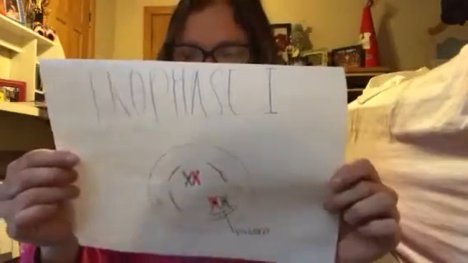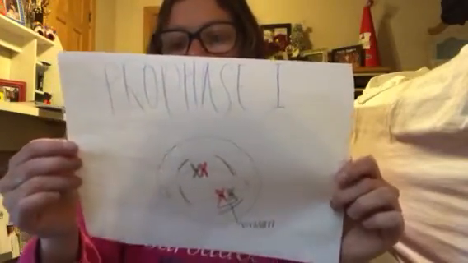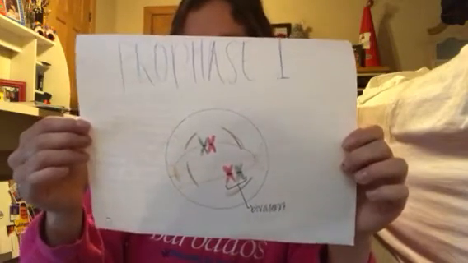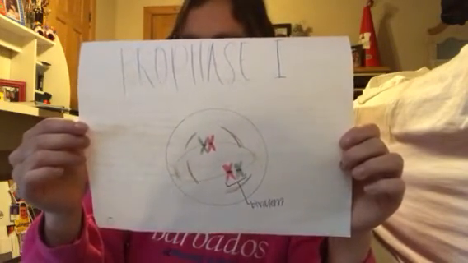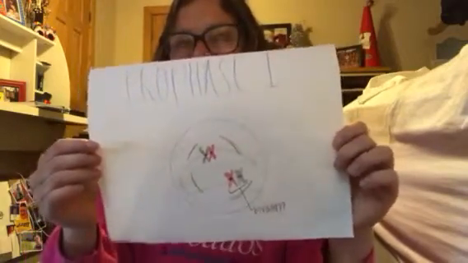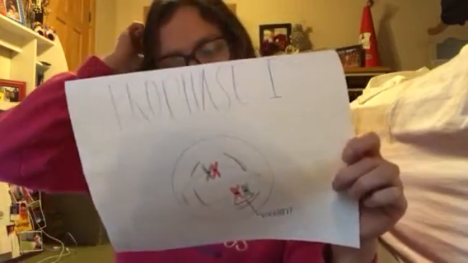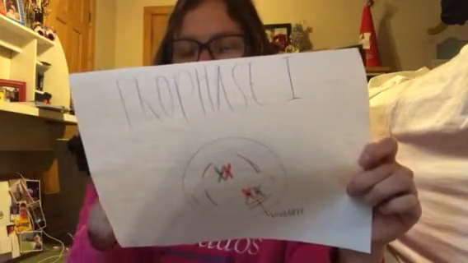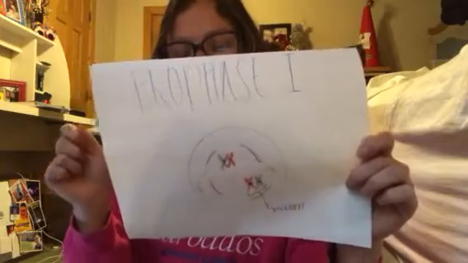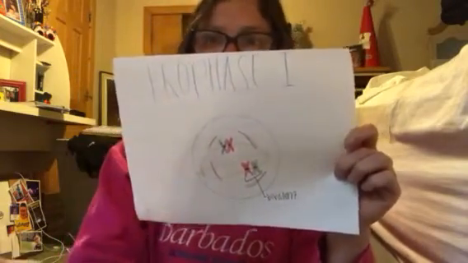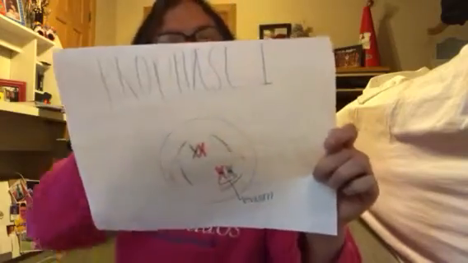Diakinesis is the final stage of prophase 1. The chromosomes recondense to their maximally compacted state, nucleoli disappear, the spindle forms, and the nuclear envelope breaks down, marking the end of prophase 1. Later in the book it talks about the synaptonemal complex, which holds the homologous chromosomes in tight apposition during synapsis, which is when the bivalents form.